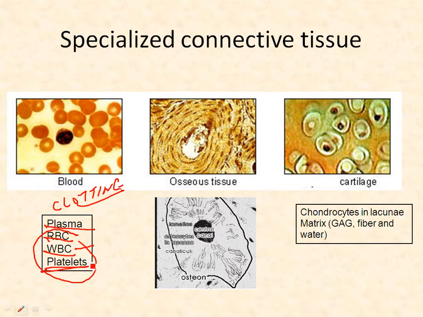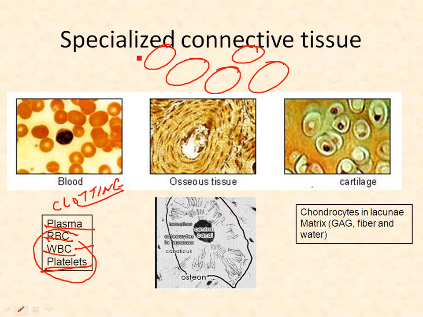Bone. If you cut a section of the bone, you will see round units which are called the osteon. The osteon has a central canal, you can see out here. The central canal is through which the bone gets its blood supply as well as its nerve innervation.